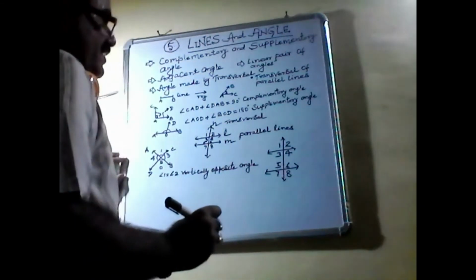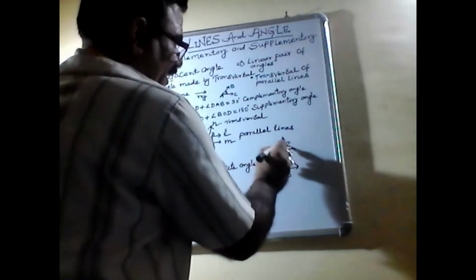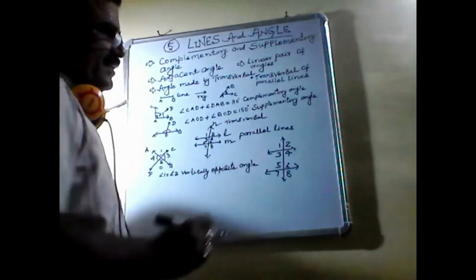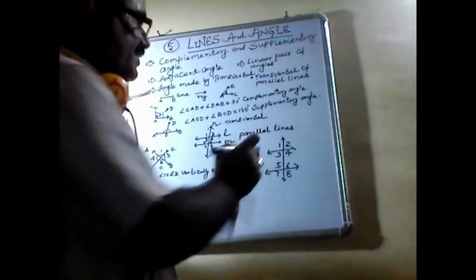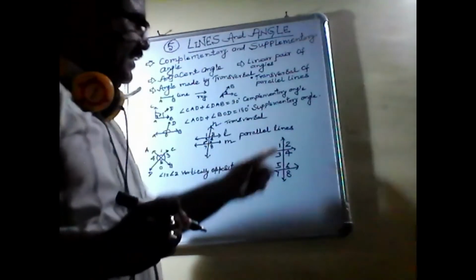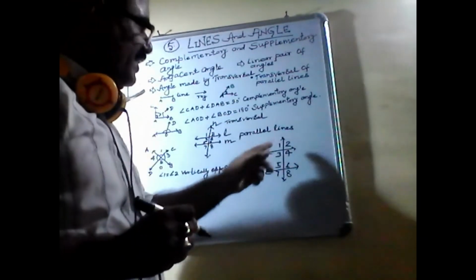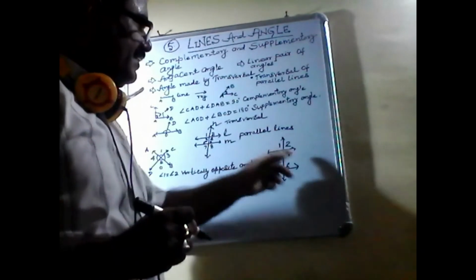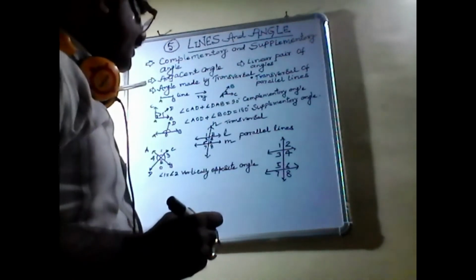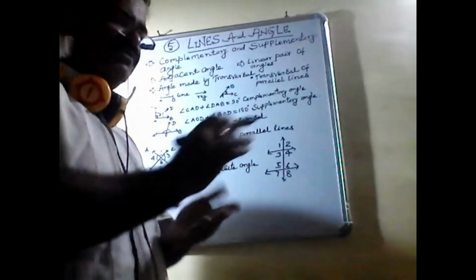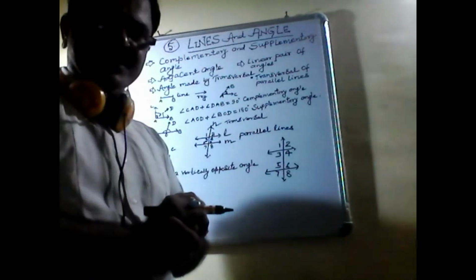Angle 1 and 4, which are vertically opposite angles, lie on diagonal sides, that is 1 and 4, 2 and 3, 5 and 8, 7 and 6. These are the vertically opposite angles situated diagonally to each other.